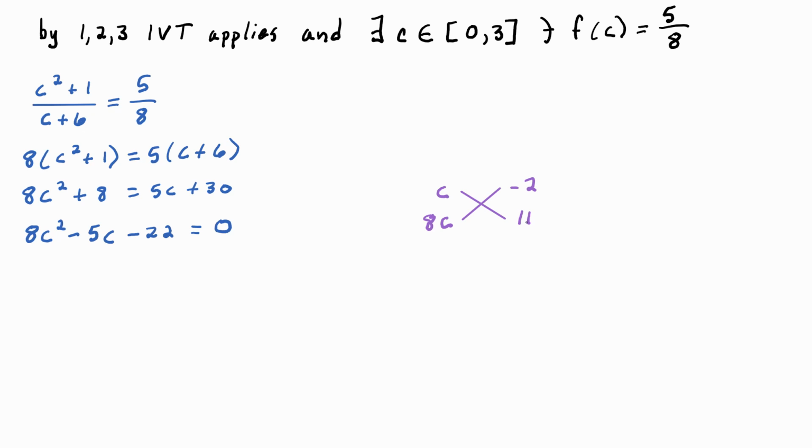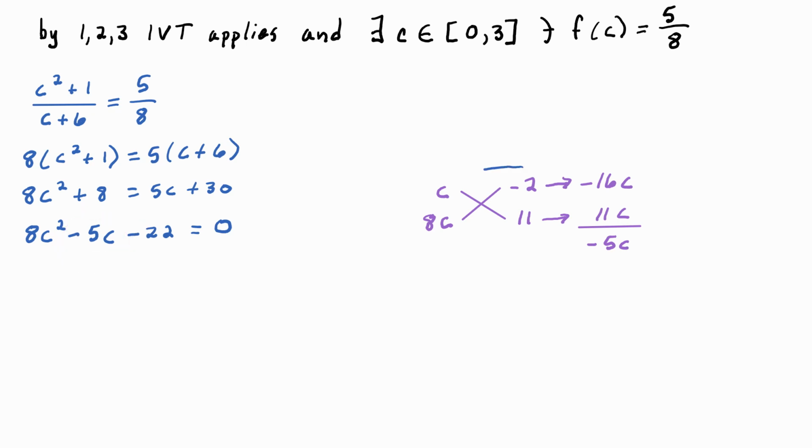Now when we do the cross products here, 8C times negative 2 gives us negative 16C, and C times 11 gives us 11C, and when you add those up, you get negative 5C, which is exactly the middle term that we needed.